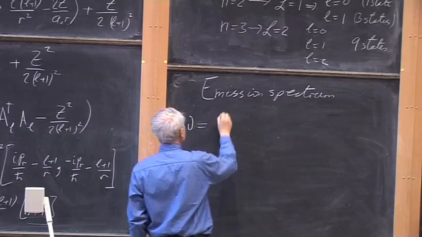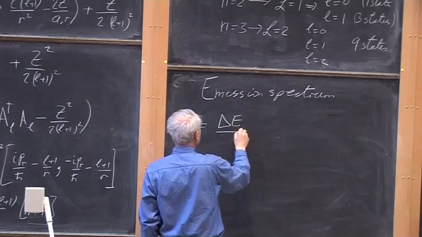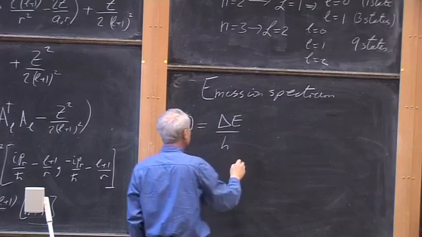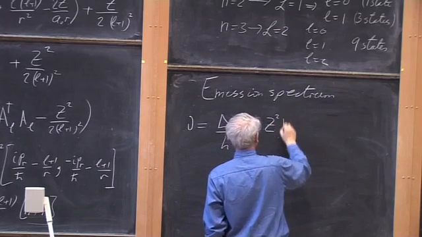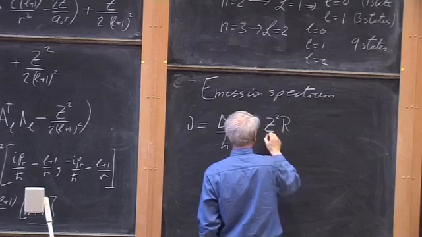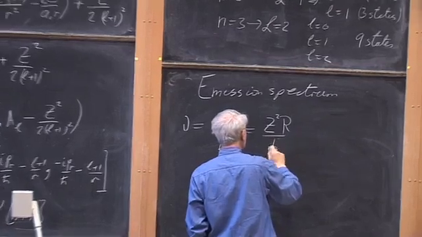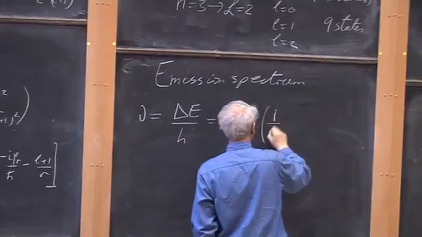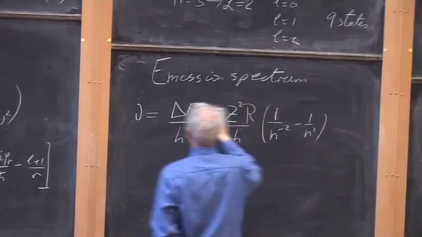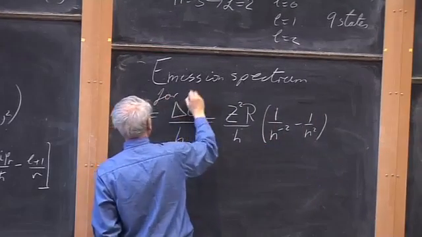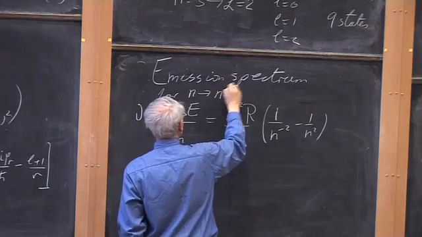Nu is going to be the difference in the energies over h, which is going to be Z squared, the Rydberg constant, over h, not h bar, times 1 over n prime squared minus 1 over n squared. This is for n goes to n prime.